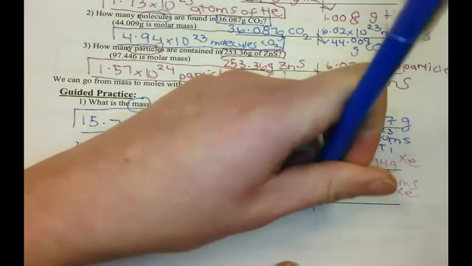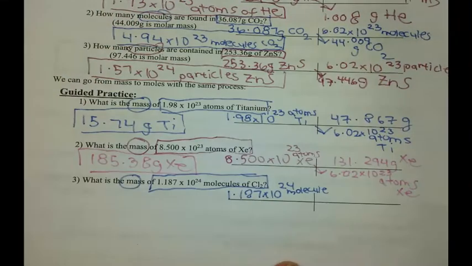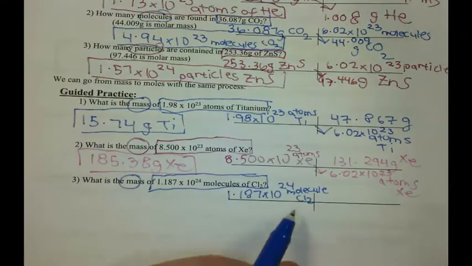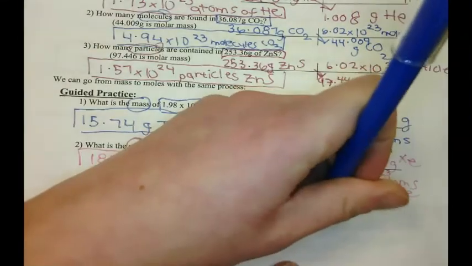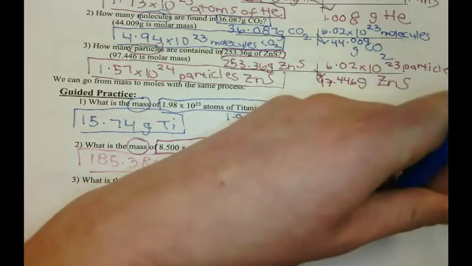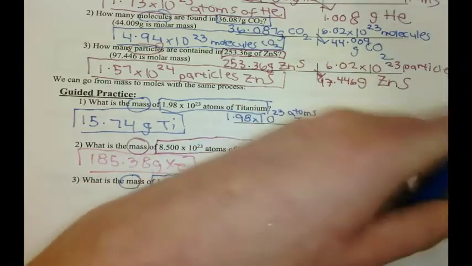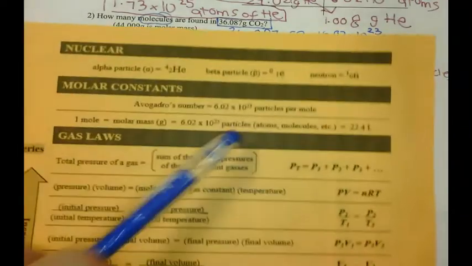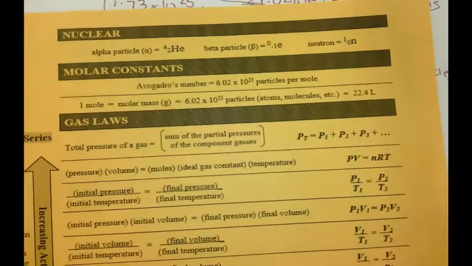And write out my unit. And I know this is long to write out, but it really does help. Because if I write it out, then I know I need to just go down. And the word molecule will help me remember, hey, molecules. I have to associate that with that 6.02 times 10 to the 23rd.